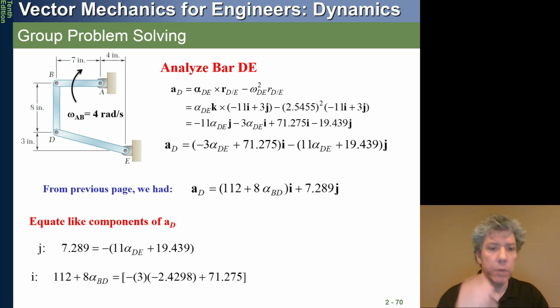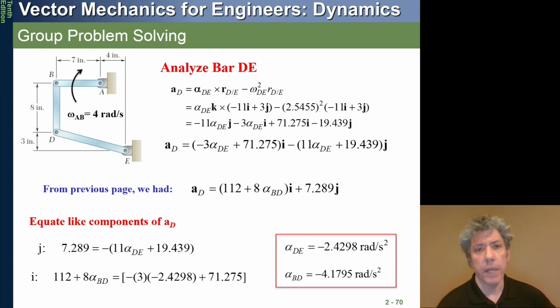So 7.289 equals the j component from the equation that we've derived for link DE on this page. Then equating the I components of those two vectors, you just have two equations to solve for the unknowns. So we can solve for the angular accelerations. So that's how this works.